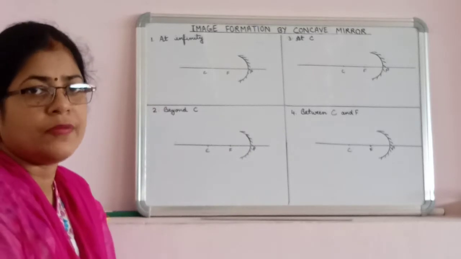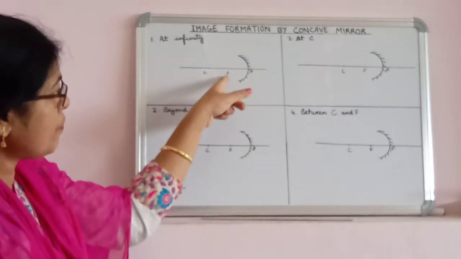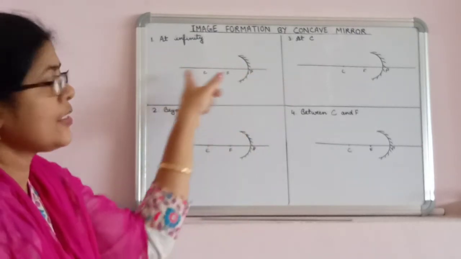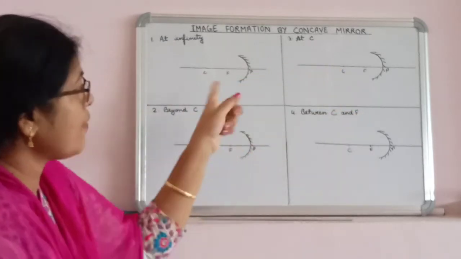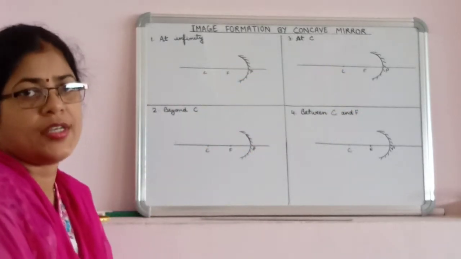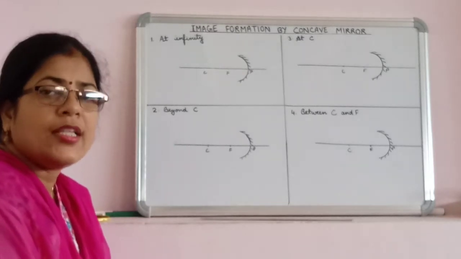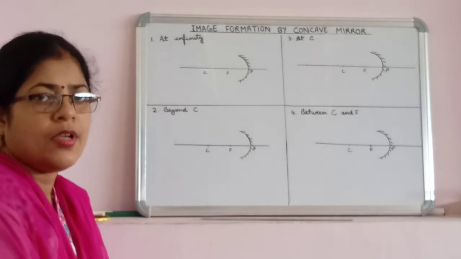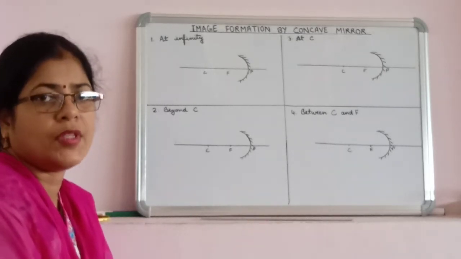the board. C is the center of curvature, F is the focus and P is the pole, and the line is the principal axis. You can see here I have drawn the concave mirror. In a plane mirror, if you remember, the image formation is the same as we keep changing the distance of the object from the mirror.